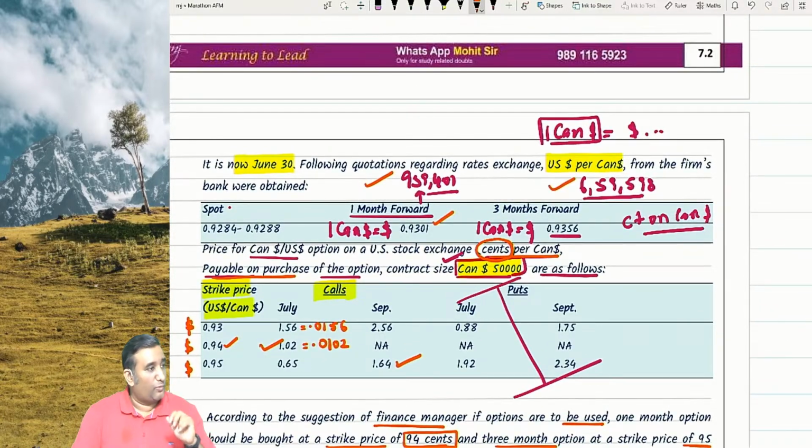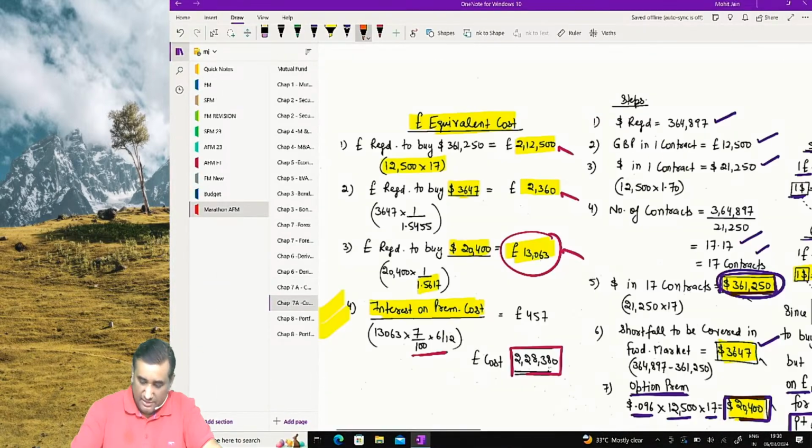So 10,000 into 0.9301 is 9301 only. 9 lakh 40,000 plus 9301. Two costings came. The third costing would be of the premium. 0.0102 into 50,000 into how many contracts? 20. 10,002 is my total.